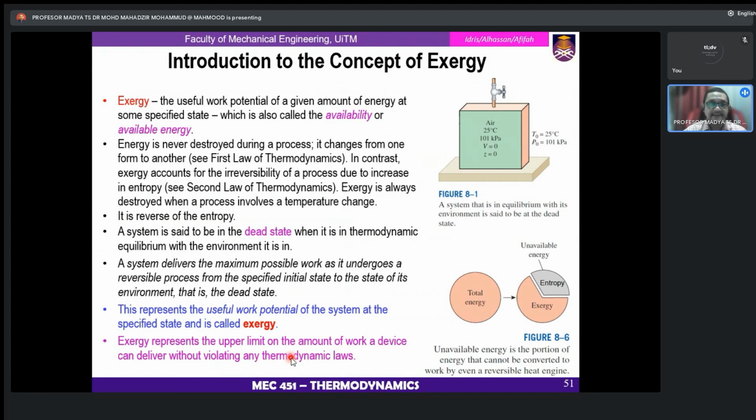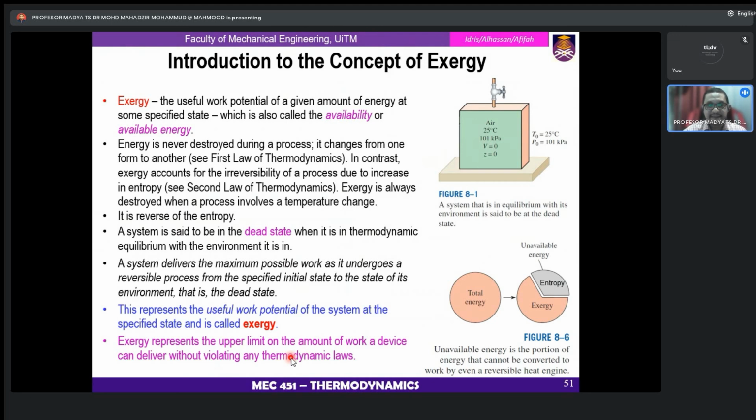In contrast, exergy accounts for the irreversibilities of the process due to the increase in entropy, as in the second law of thermodynamics. Exergy is also destroyed when a process involves a temperature change. So this is the reverse of entropy.